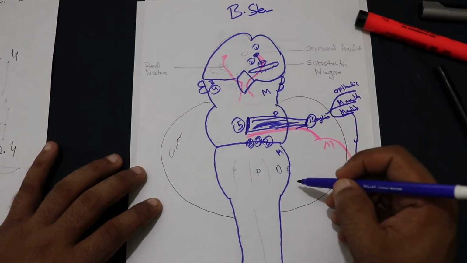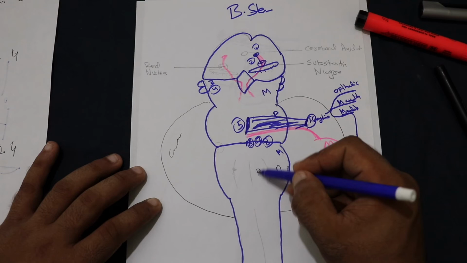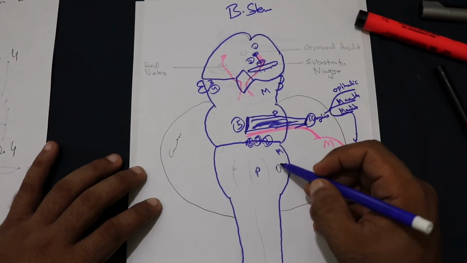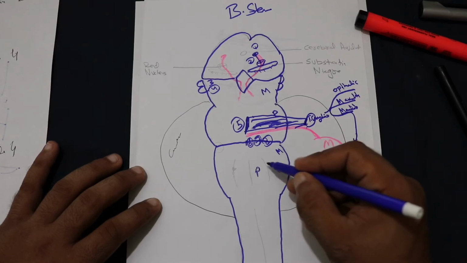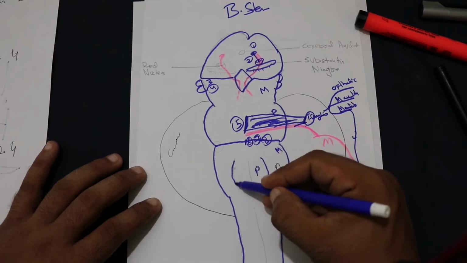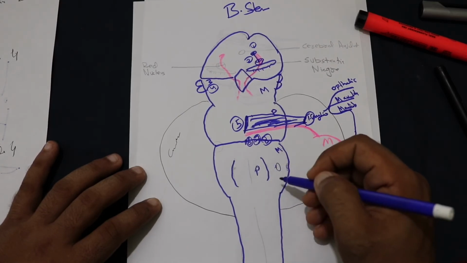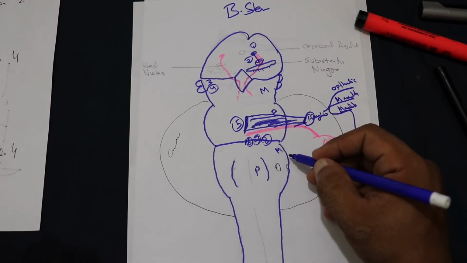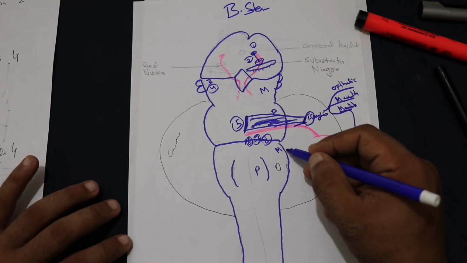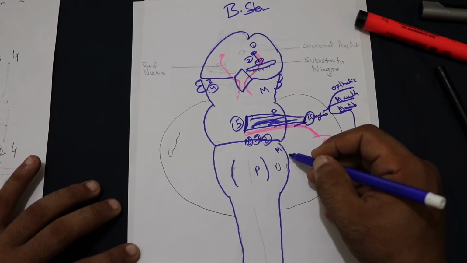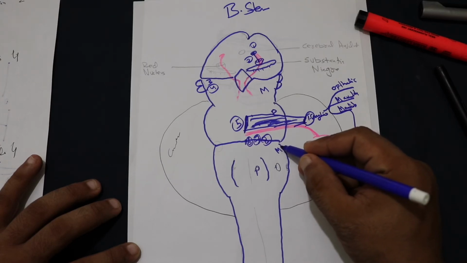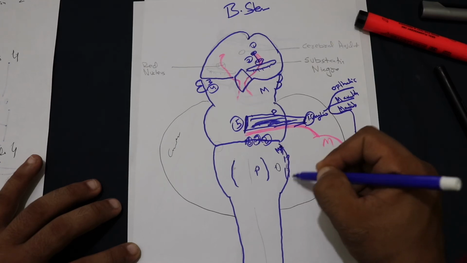So in this diagram, this is your pyramids, this is your olive, and at the junction between the pyramid and olive arises the big 12th hypoglossal nerve. But at the end of this olive, at the post-olive sulcus, we get the 9th, 10th, and 11th nerve.